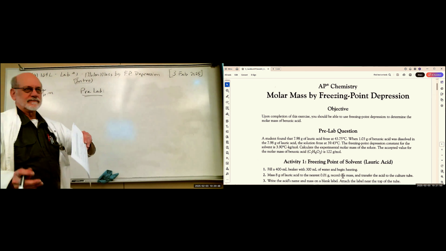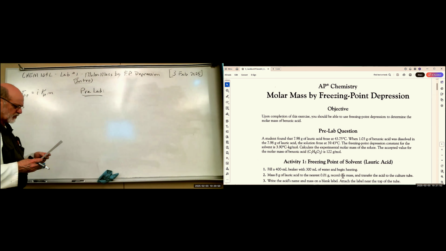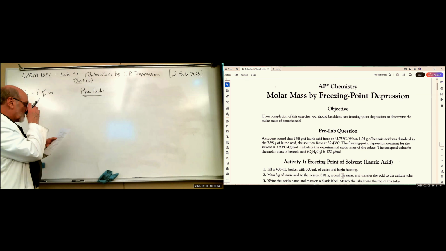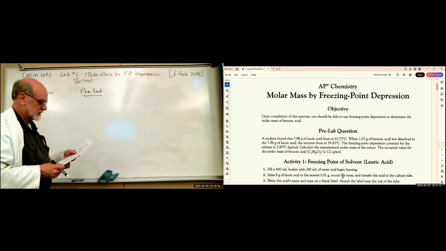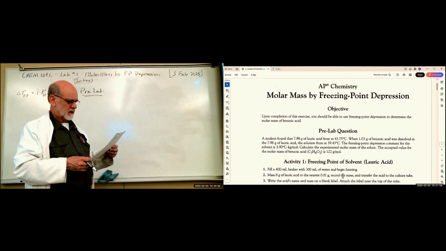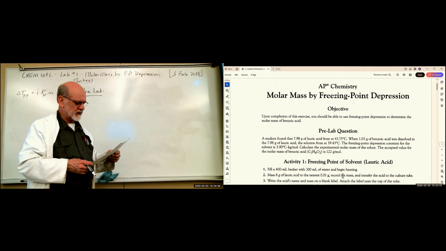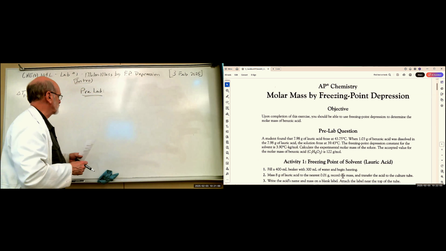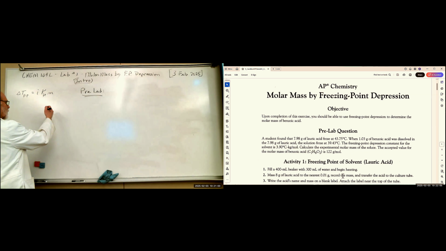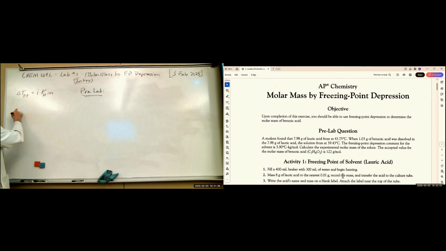The question is: calculate the experimental molar mass of the solute. We're looking for the molar mass of the solute, which is mass per unit mole. So we've got to find these two values from the data.